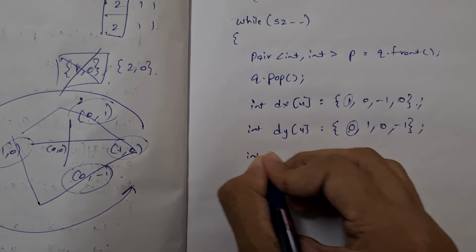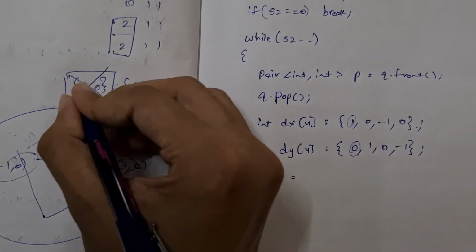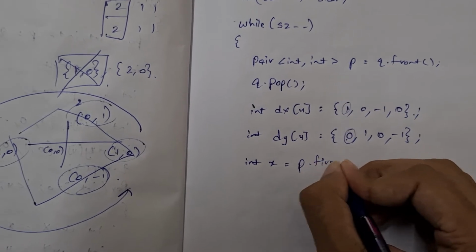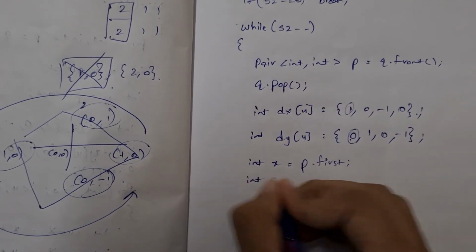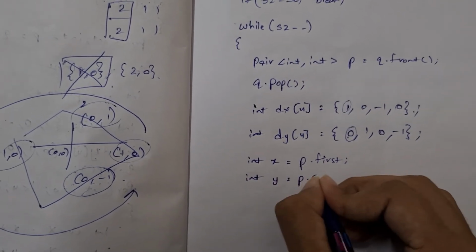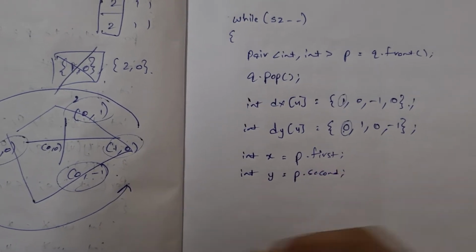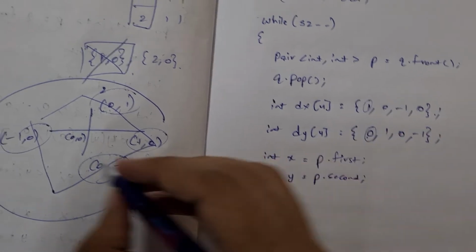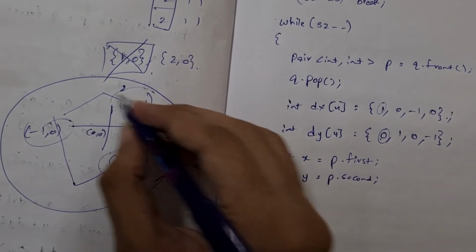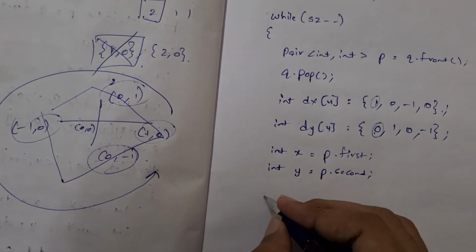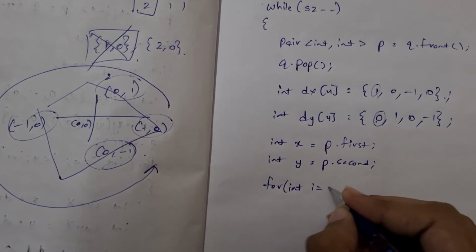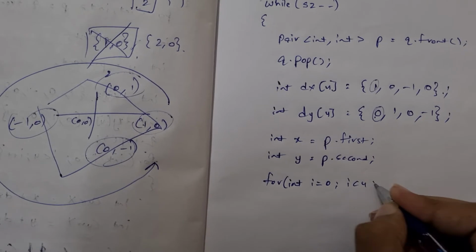I will take int x as the first element, which is 1, so that is p.first, and int y is equal to p.second. Now we have to check the 4 adjacent sides of it. So for int i equal to 0, i less than 4, i++.